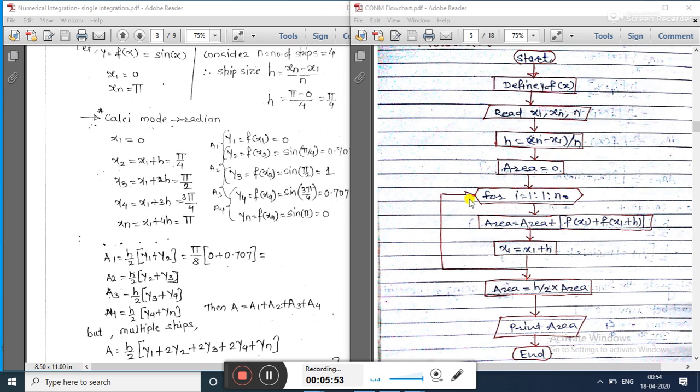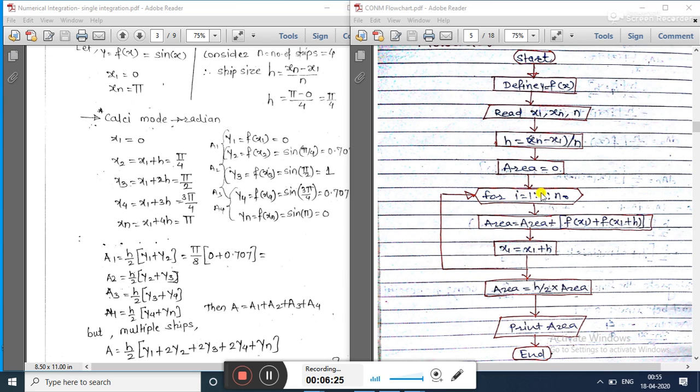The loop is closed, I is increased by 1, I is equal to 3. So the third area is y3 plus y4. So the new value of x1 is x3, and f of x3 plus h is nothing but x4. So that y3 plus y4 is added into the previous value of area to give the next area. x3 plus h is the new value of x1, which is x4.